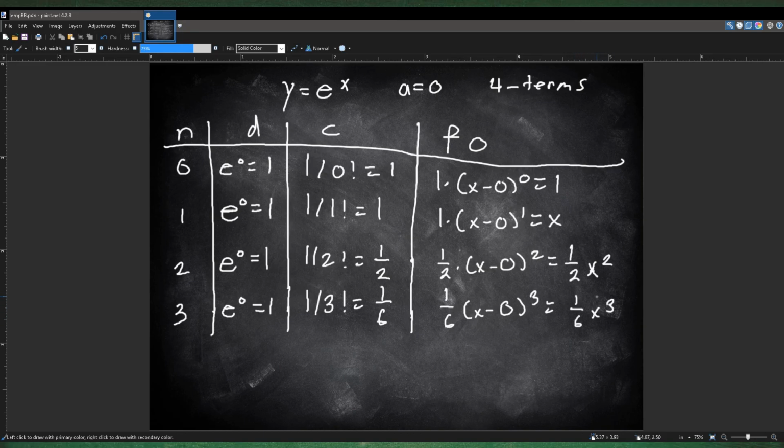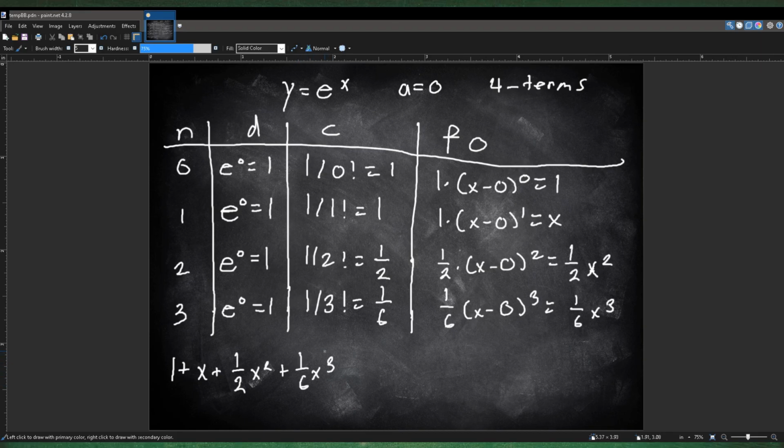So once you master how to do this, it gets really simple. It's just really tedious how much we have to keep doing for the Taylor series, right? But specifically as a Maclaurin, because a is equal to 0, our e to the x is equal to 1 plus x plus 1/2 x squared plus 1/6 x cubed, right?